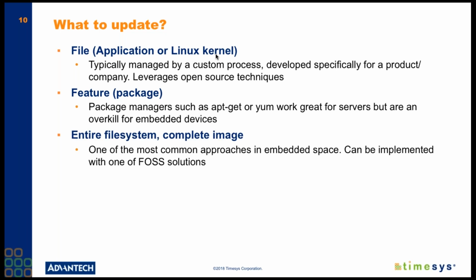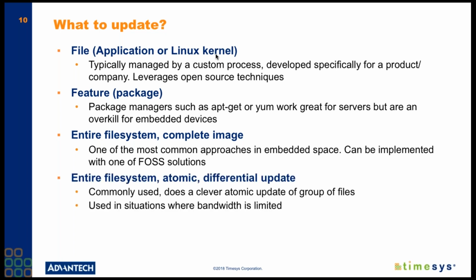So what is the most commonly used way to update software in the field in the embedded space? Well, many customers of ours are updating the complete file system in a single complete image. And this is, again, by far one of the most common approaches to rolling out software updates in the field. The other very popular approach nowadays is a technique of atomic differential updates.